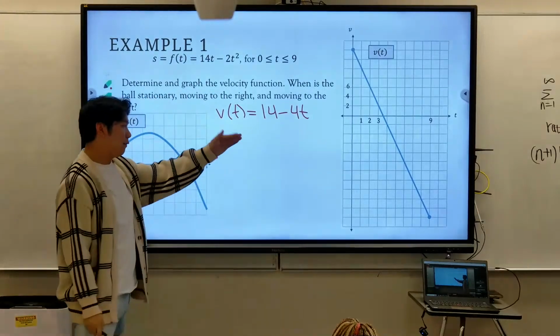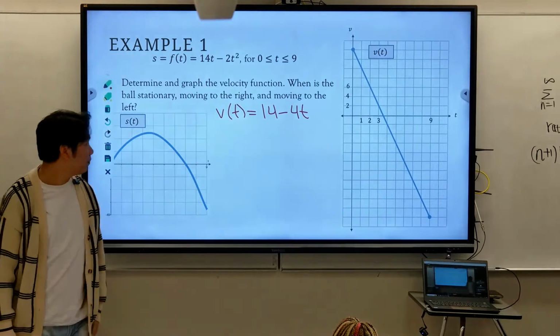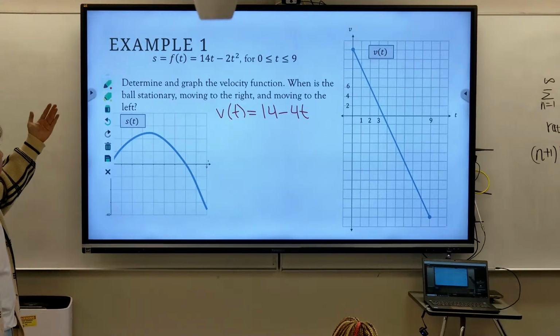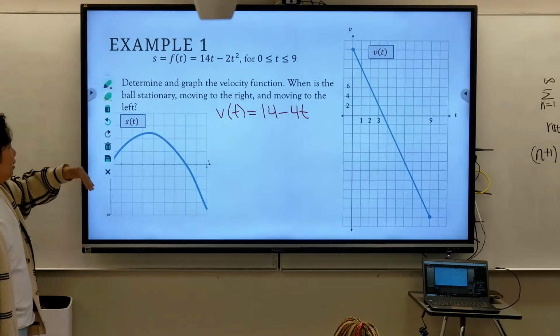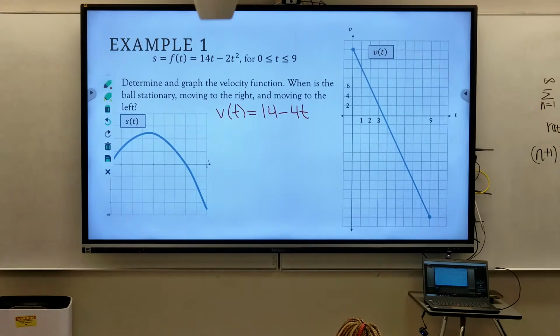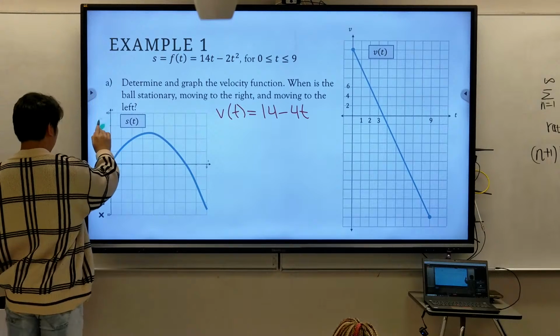And as it turns out, the graph of this looks like a linear function going down. It hits my v-axis at 14, and it has a slope of negative 4. So this is what my velocity function looks like.